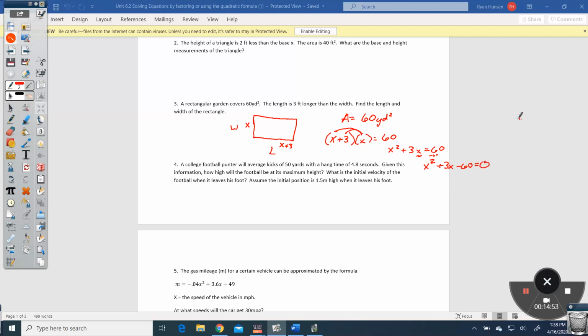Multiples of 60 are 1 and 60. 2 times 30 makes 60. 3 times 20 makes 60. 4 and 15, 5 and 12, 6 and 10, 7 doesn't, and 8 doesn't, and 9 doesn't. So those are my choices. Do any of these multiply to be negative? So one of them needs to be negative and then combine to be 3.